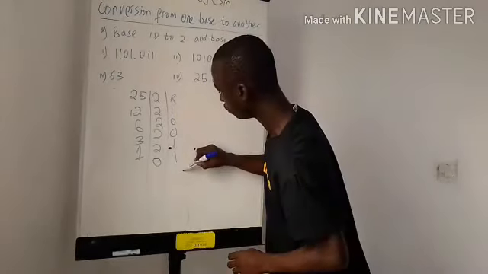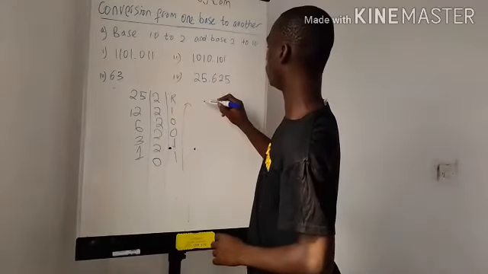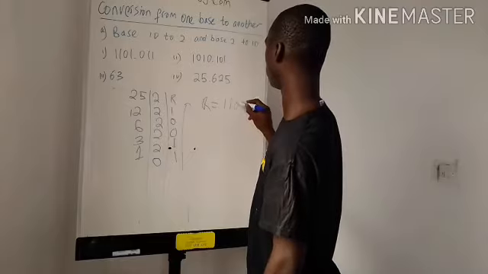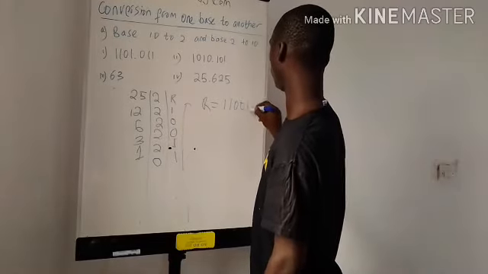So again, take it from up. The main answer, your remainders, is going to be 1, 1, 0, 0, 1.